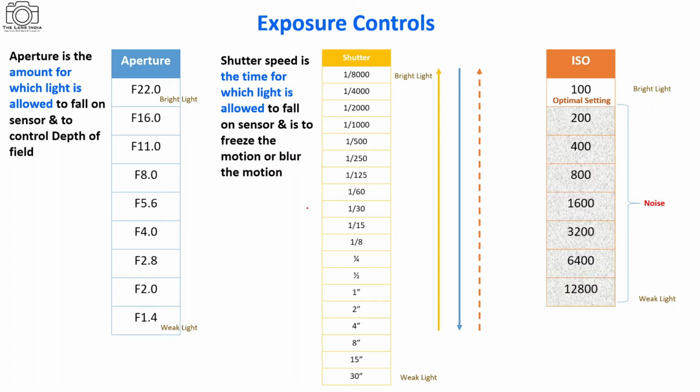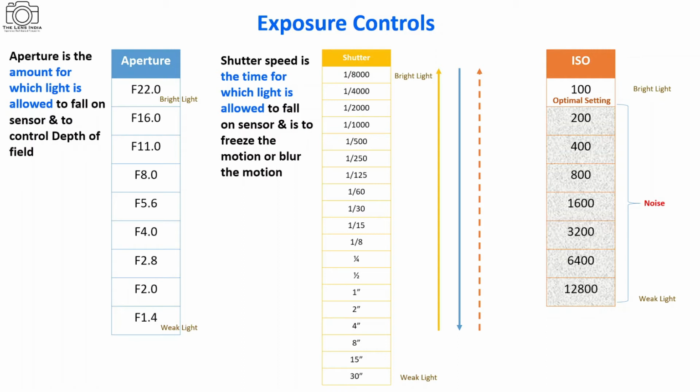The third parameter we have in the camera to control the exposure is the ISO. Now, what is this ISO? It is the same term we use in ISO 9001, ISO 9000, the 2001 version or whatever it is. Many manufacturing companies use this term, and probably some service providers you might have seen are ISO 9000 certified organizations.